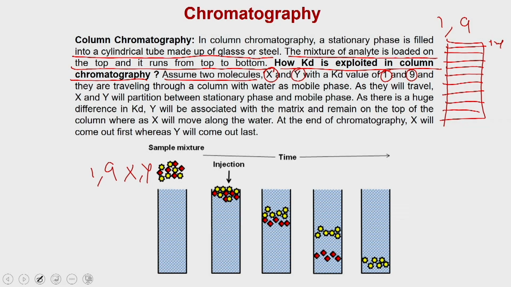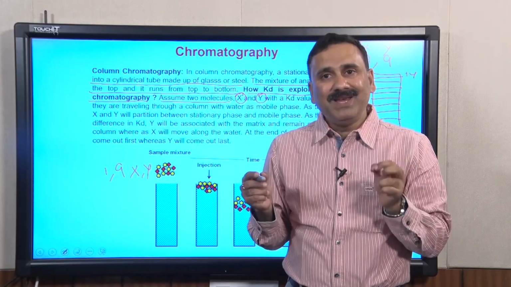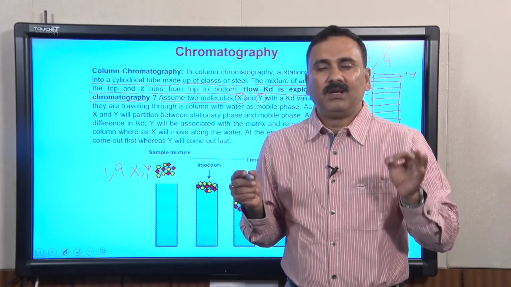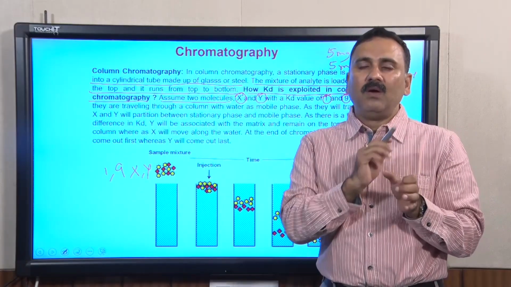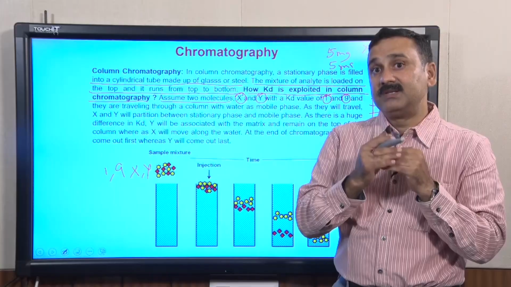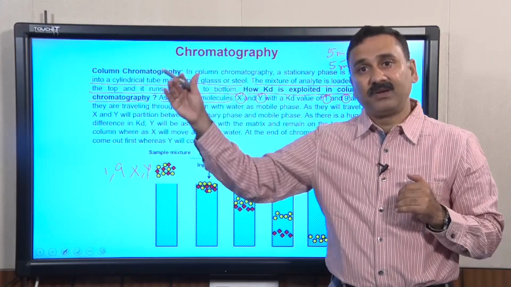Suppose you loaded 5 mg of X and 5 mg of Y. You can see that X has a lower Kd value, whereas Y has a higher Kd value, which means that X prefers to remain in the aqueous phase, whereas Y is distributing itself to the matrix phase.